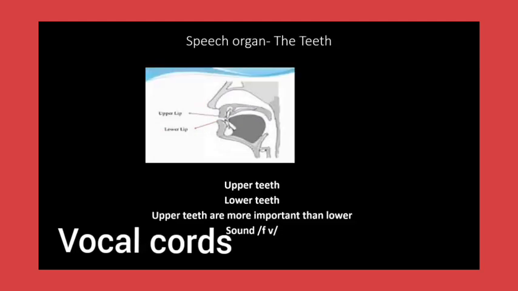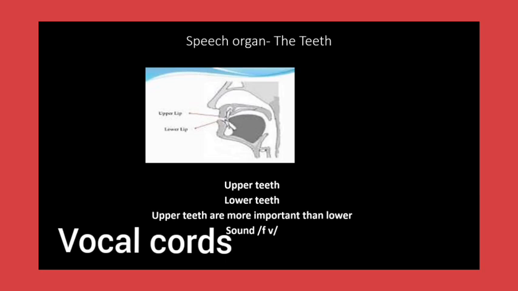The next speech organ is the teeth. The primary function of the teeth is to chew the food. When we have to make pieces of the food, we use teeth. Am I right? So the teeth are very important for chewing the food. It's their primary function.